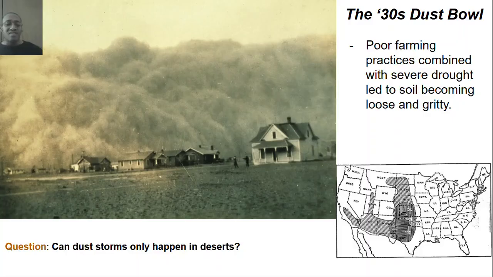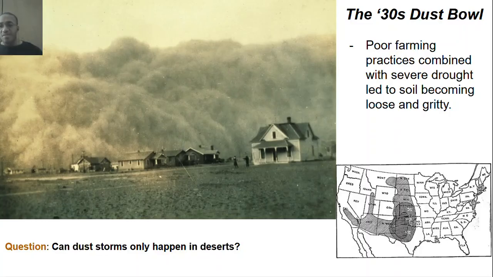But what was significant about weather events like this one depicted here is that during the 1930s, farmers utilized poor farming practices along with the severe drought that happened during this time, and eventually the soil just became too loose and gritty to support crops, and whenever a windstorm would come through, it would pick up the dust and carry it aloft.